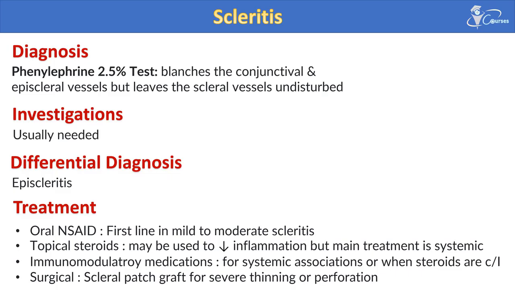The non-inflammatory is again divided into diffuse and nodular, and inflammatory is divided into necrotizing and non-necrotizing, which is also known as scleromalacia perforans. So it is the same thing. It is just that they put the word inflammatory in order to indicate the presence of necrosis or not. So this doesn't add anything new for the classification, but thank you for the information.